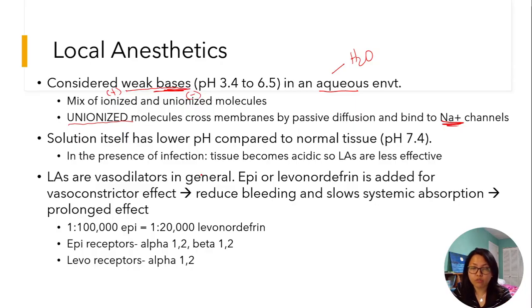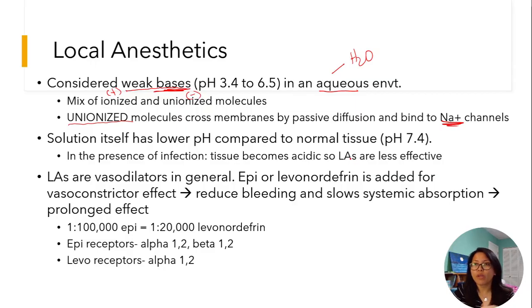Now, in general, when we talk about local anesthetics, the solution itself has a lower pH compared to normal tissue. Normal tissue pH is 7.4. The solution inside a cartridge or a carpule has a lower pH compared to normal tissue. However, in the presence of infected tissue, there's like a role reversal. In the presence of infection, tissue actually becomes acidic. So the local anesthetics are less effective.